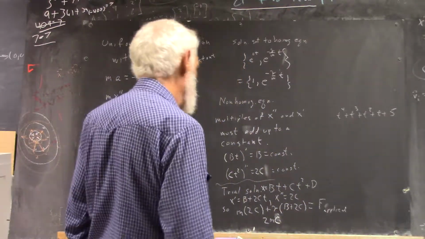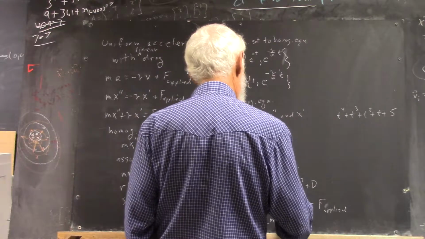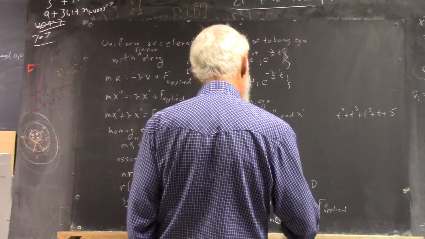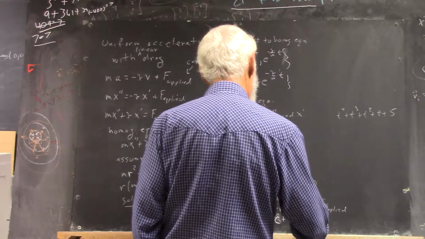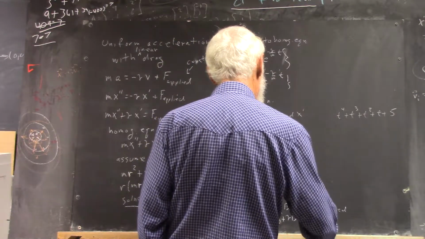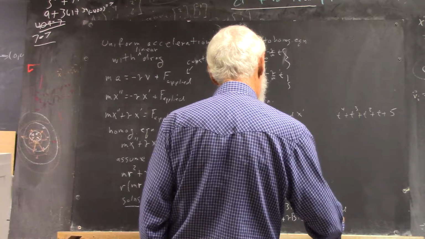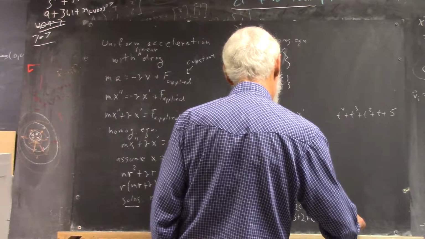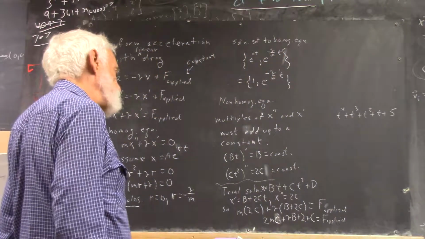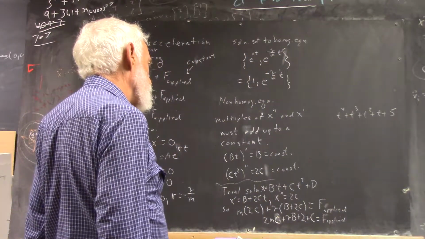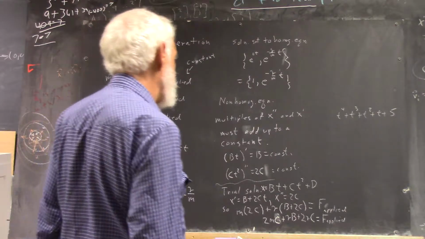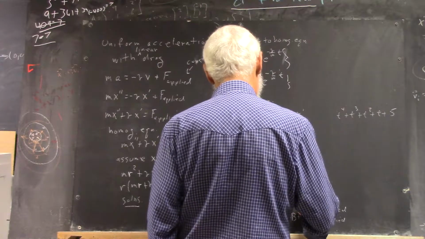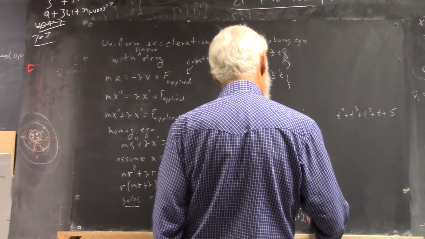Okay? So we get 2mc plus gamma b plus 2 gamma c t, and I'm sorry, there's a t on this one. I knew there's something wrong.